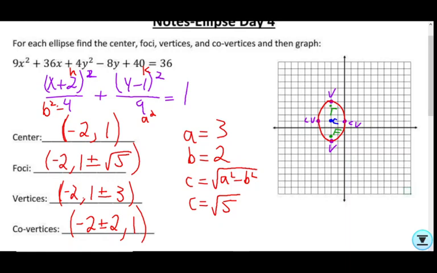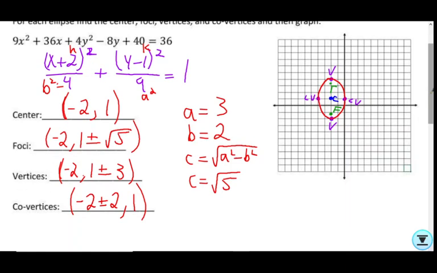We're not trying to trick you, but often as teachers, we'll teach you one concept, and then we'll ask you to do another concept before you can get to that one. A couple days ago, we learned how to graph them. Then I've added in completing the square, which we learned last week. And now I'm asking you to complete the square before you graph the ellipse. So it's basically just adding a step.